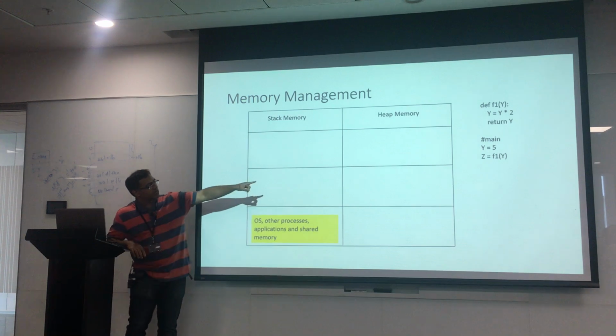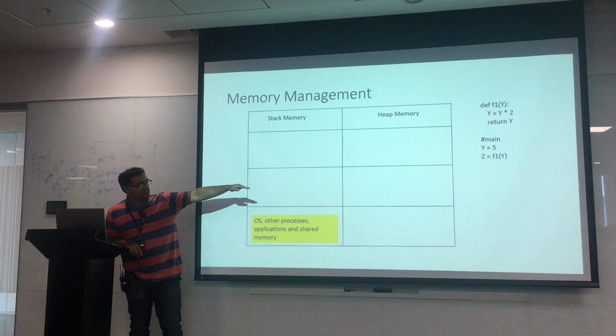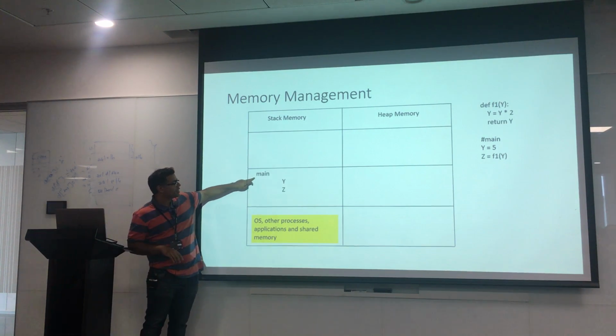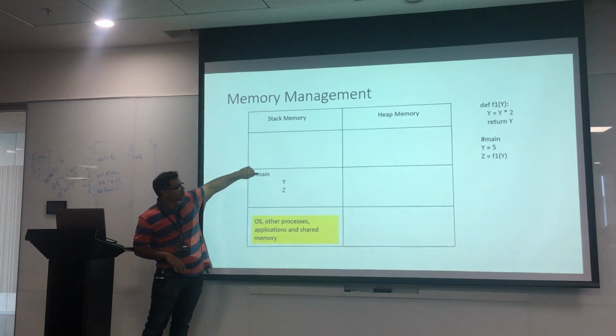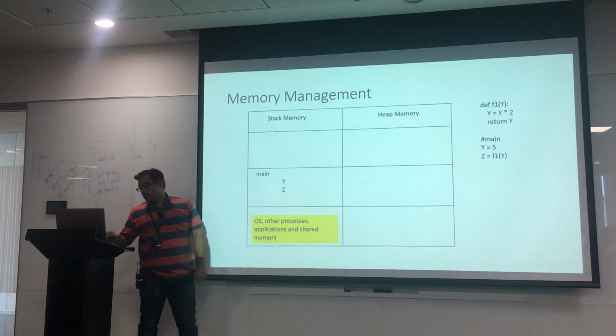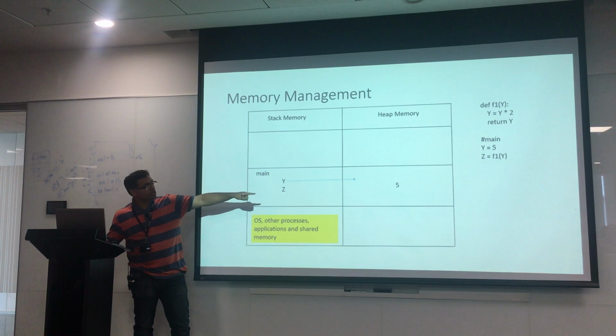Now, if you look at that, that is the function over there. The main is the first program that gets loaded, and on the stack you'll have the main, just like in C. You have y and z over here. When you say y equal to 5, it creates an object 5 and points to that.